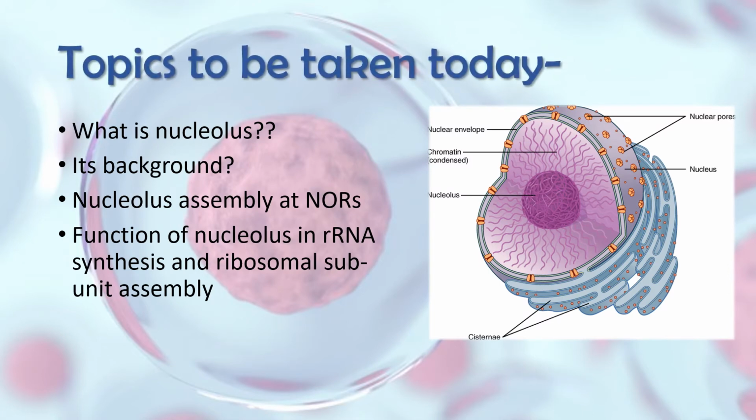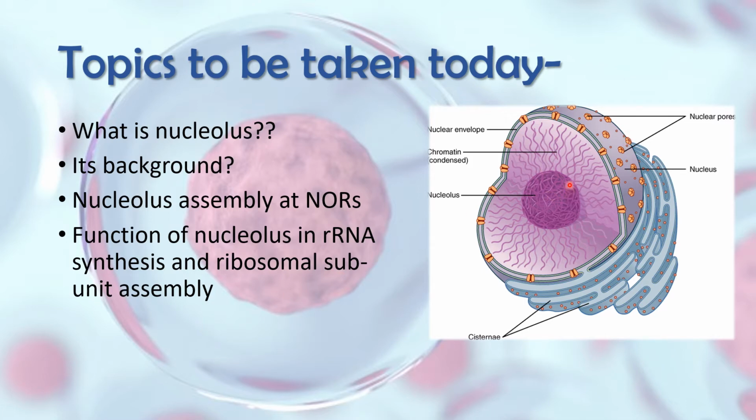Topics to be taken today. We are going to learn about what the nucleolus is and its background, the experiments conducted on the nucleolus, nucleolus assembly at NORs, and the functions of the nucleolus in rRNA synthesis and ribosomal subunit assembly.